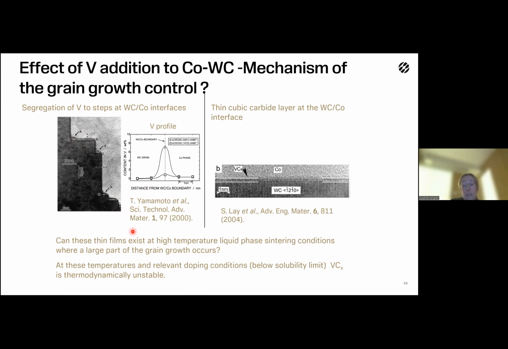Further studies showed, also by Sabine Ley, that there is a small layer when you have smaller additions of vanadium, also at the interface of the tungsten carbide crystal. And today we know that you also get a cubic layer, but of cubic tungsten carbide actually, when you are lowering carbon on the basal plane.